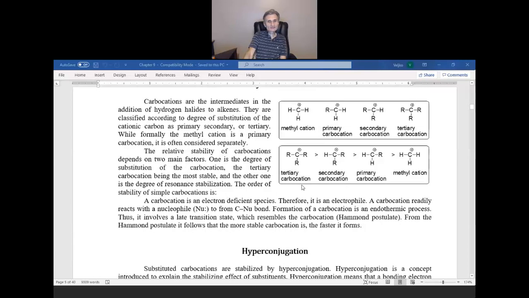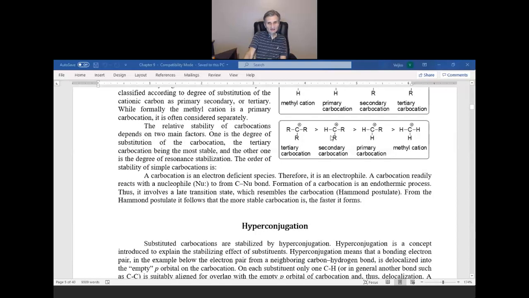The order of stability is such that tertiary carbocation is by far the most stable, then secondary, and then primary has low stability. It has such low stability that often it doesn't even form, and the reaction may sometimes proceed through a different mechanism, but it could form. And then methyl, by far the lowest stability. So the order is: methyl the lowest, then primary, then secondary, tertiary the highest.